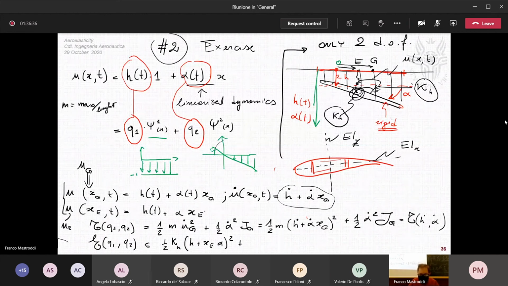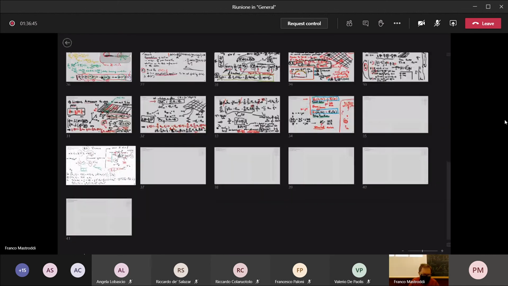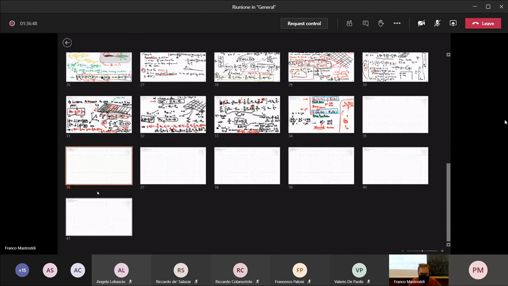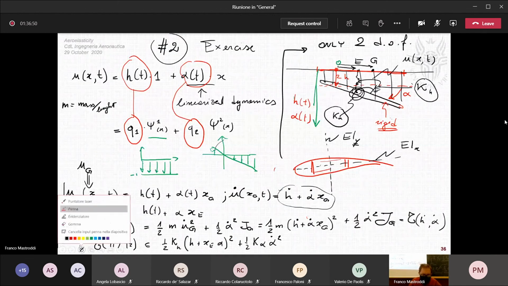And so we have 1/2 k alpha by alpha to the power 2. No alpha dot, excuse me. Not dot.